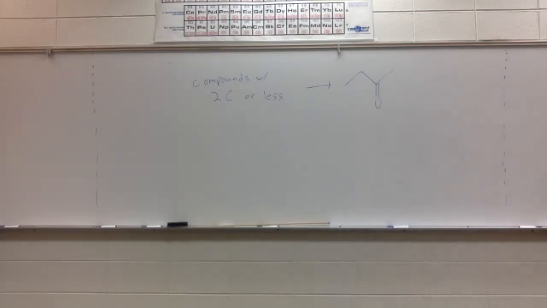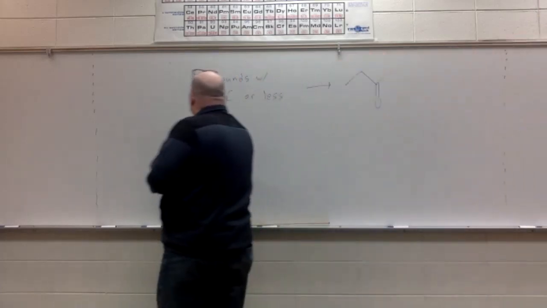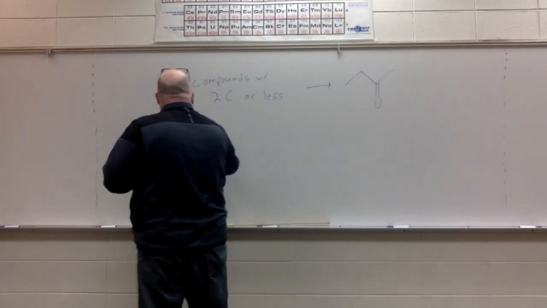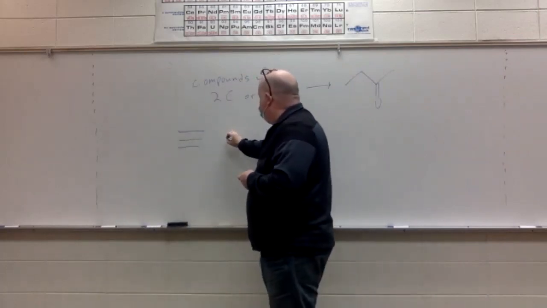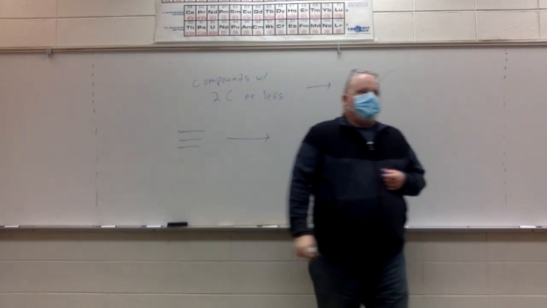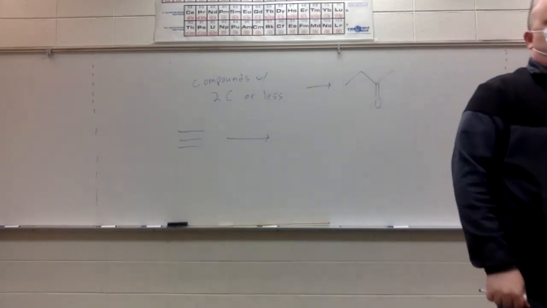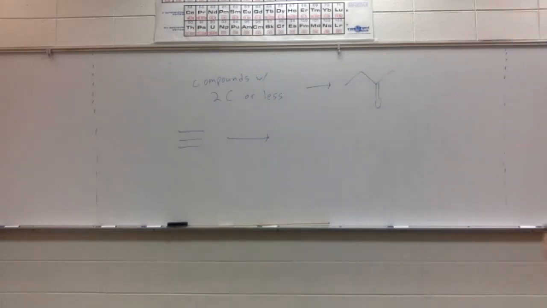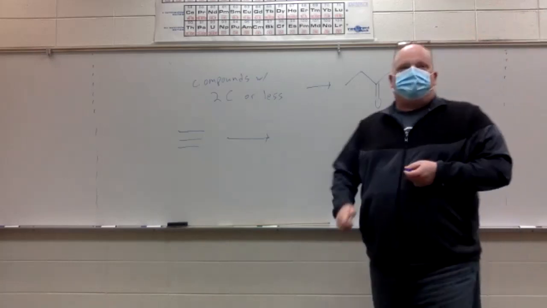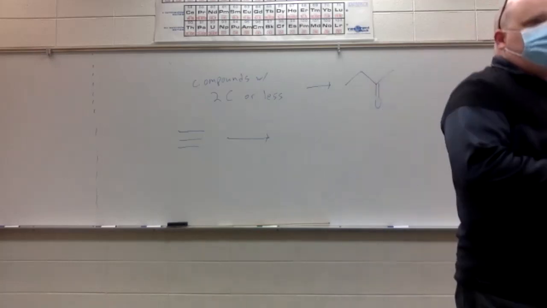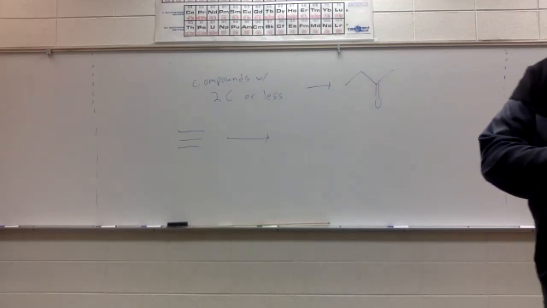Start with a 2-carbon alkyne, sure. Seems like a good place as any to start. We got a 2-carbon alkyne. And as you guys know, there's a few different things we can do with alkynes. What do you want to do with this one?